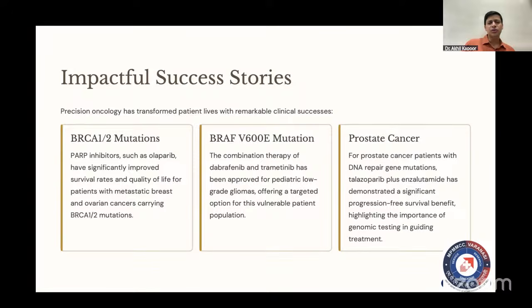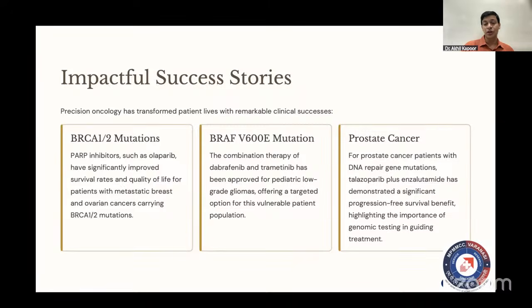And if we come to some other very familiar examples, I think all of you who have worked in the genetics and genetic counseling field, or even doing a PhD or a BSc, will have known about PARP inhibitors. So these are BRCA1 and BRCA2 mutations, which are very common in breast and ovarian cancers and also in prostate cancer.